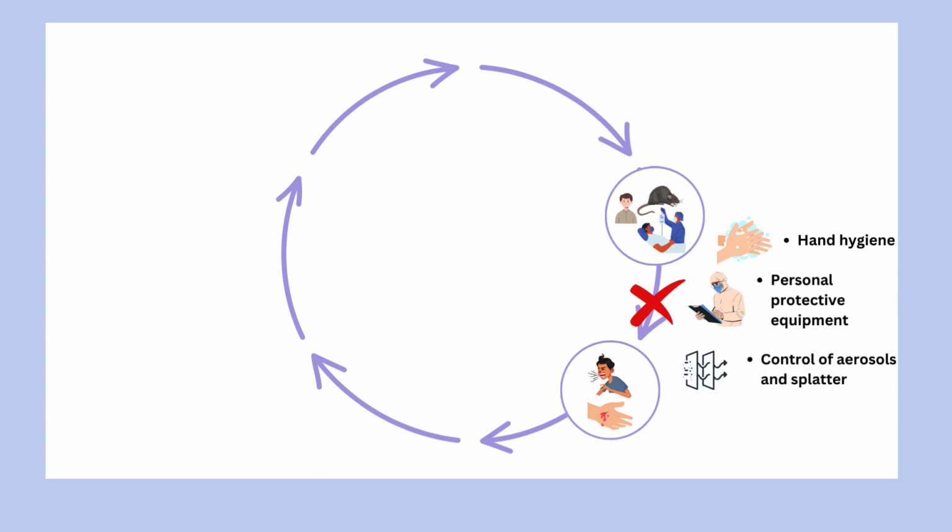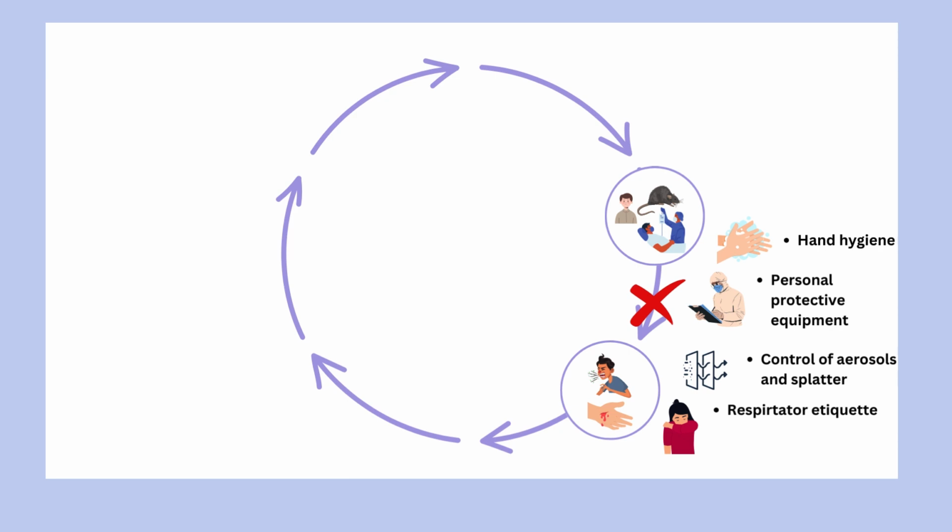In addition to these measures, adequate ventilation systems should be established to control aerosol and splatter. Respiratory etiquette involves covering the mouth and nose with a tissue or the elbow when coughing or sneezing, and then disposing of the tissues properly.